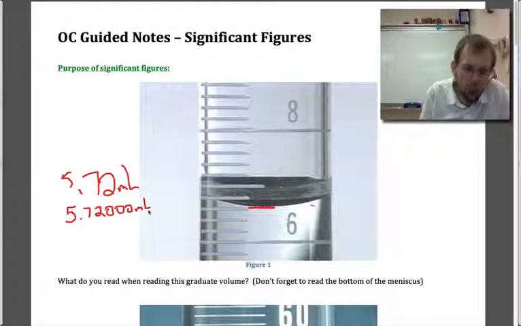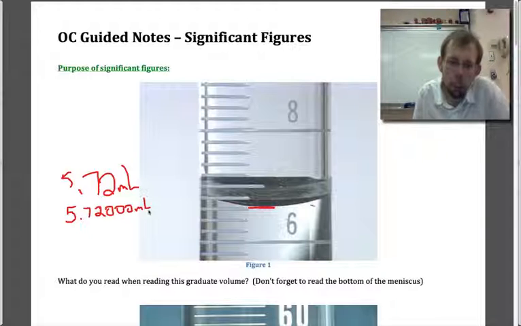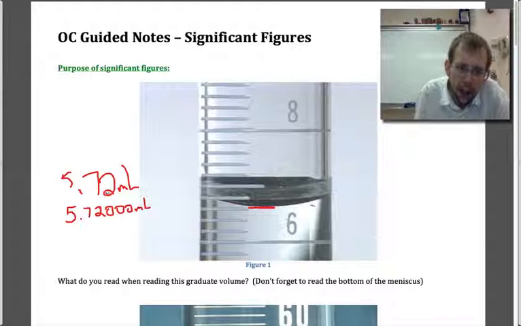Well, if this is a drug that is going to be administered to a patient to fight cancer, and as a doctor I need you to use this amount of this drug, and this drug is poisonous too, so if you use too much, it's a problem. These two numbers would mean totally different things to me.